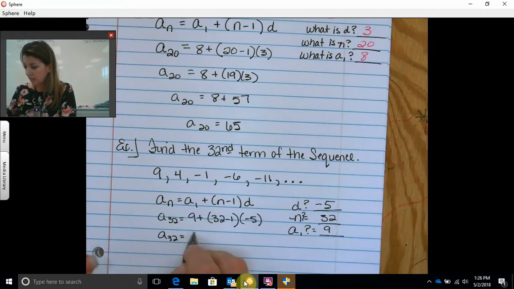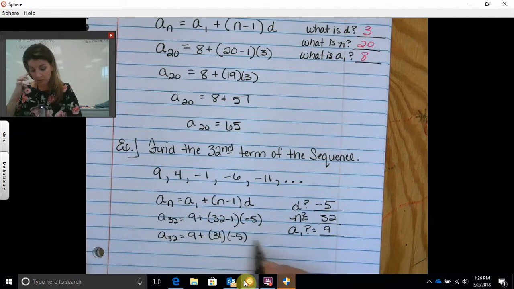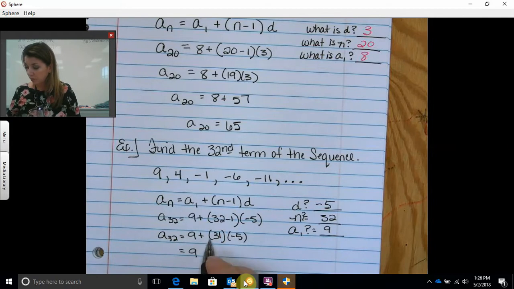So that is 9 plus 31 times negative 5. Do your multiplication first. So positive 31 times negative 5 is, you could say plus negative 155 or just 9 minus 155. Either way, you get negative 146.